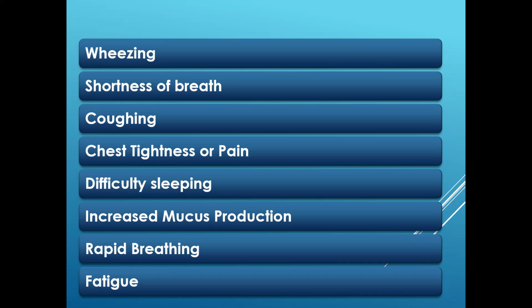Normally, remember we said that when you want to breathe out, the larger airways do what? Opens up, whereas the smaller airways contract to force air out.